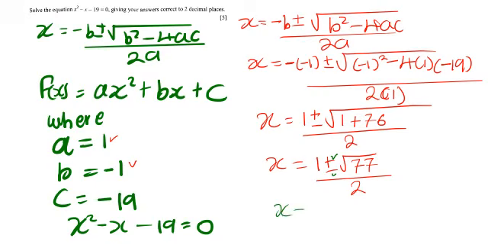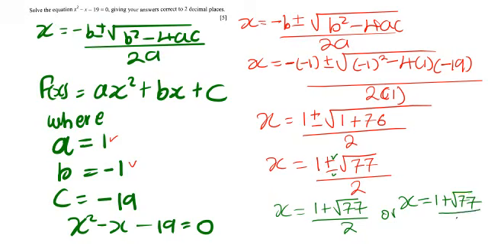Therefore our x will be equal to 1 plus the root of 77 over 2, or, for the negative, x will be equal to 1 minus the root of 77 over 2. Then you solve each separately. We are going to begin with the one which has a positive value.